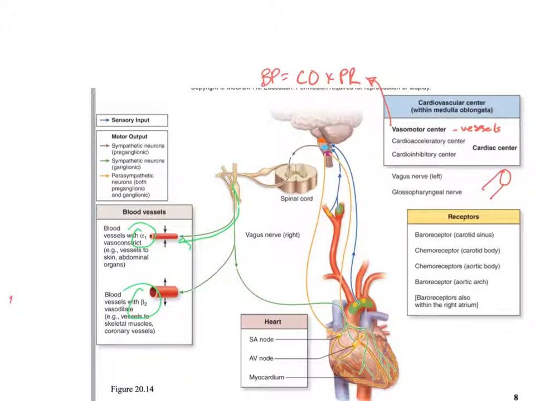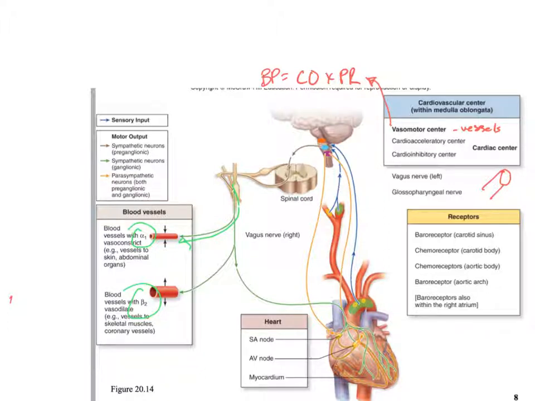So we're going to shunt blood from the skin and the abdominal organs, because we're not resting and digesting. We need to put blood and nutrients to the skeletal muscle for fight or flight, for exercise, and to the coronary vessels so that the heart can go faster and oxygen is delivered to the heart. Right, so think about how the vasomotor center is going to do that.